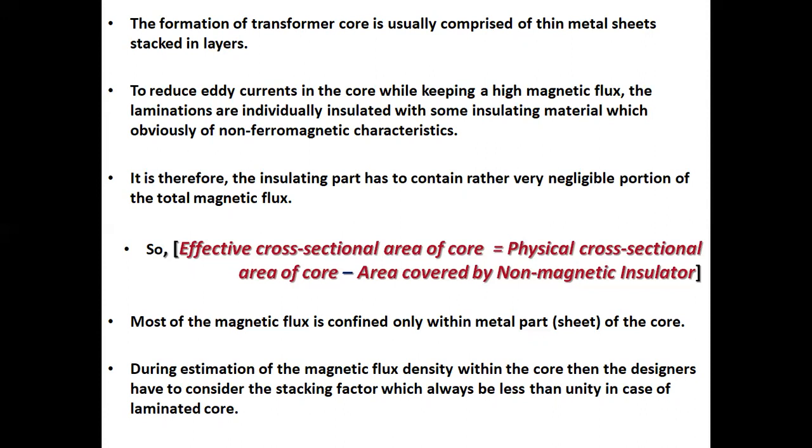Most of the magnetic flux is confined within the metal sheet of the core. During estimation of the magnetic flux density within the core, the designers have to consider the stacking factor, which is always less than unity in the case of a laminated core.